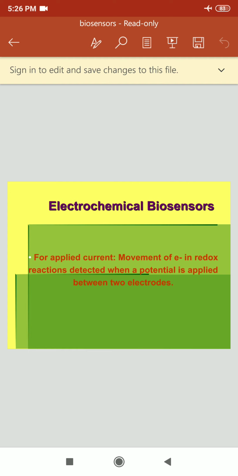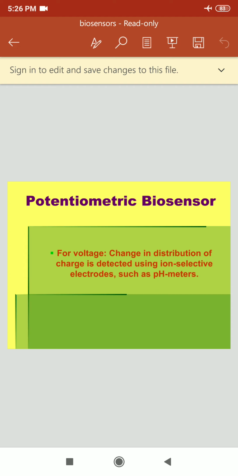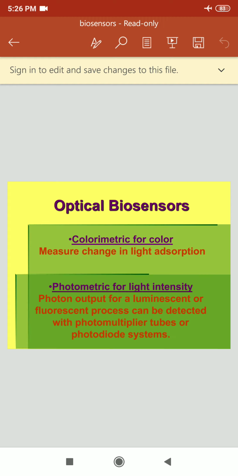Electrochemical biosensor: the movement of electrons in the reaction process is detected between the two electrodes. Potentiometric, for the voltage change: the distribution of the charge is detected by this. And next is optical biosensor. Via calorimetric, for the color, we measure the change in light absorption.